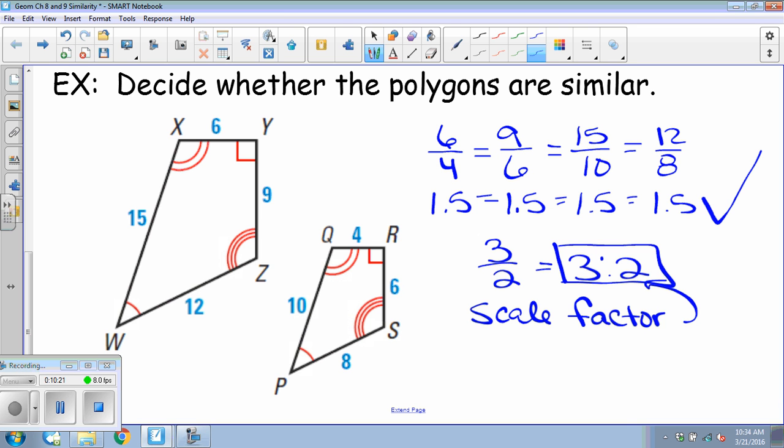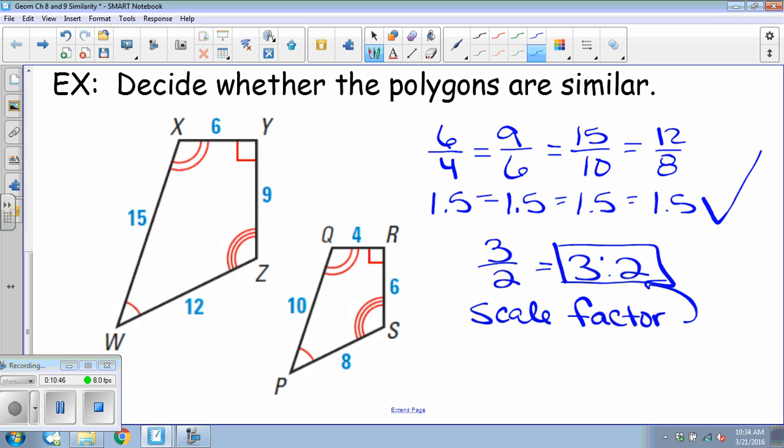It's the scale of one figure to the other. Does that make sense? If they told me the scale factor of these two figures was 3 to 2, and they told me all the measurements of this one, I could find all the measurements of this one, because I could multiply by 1.5, and it would give me the bigger figure.